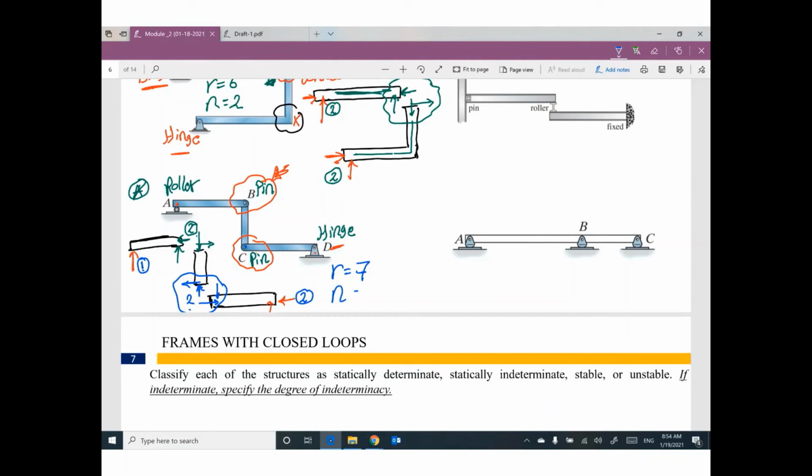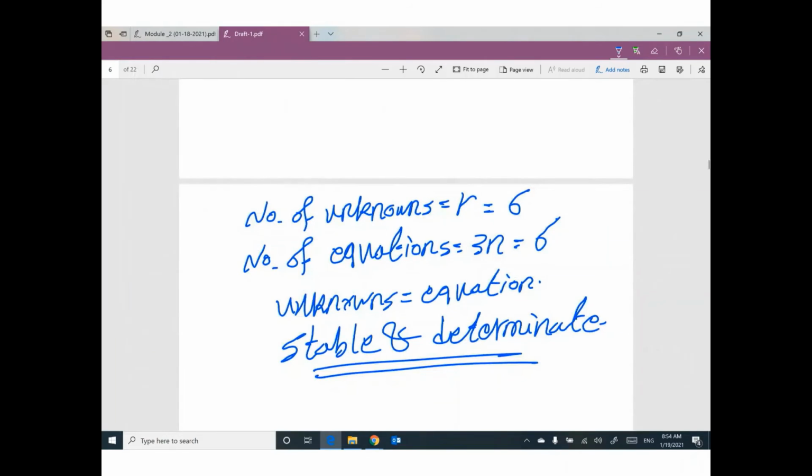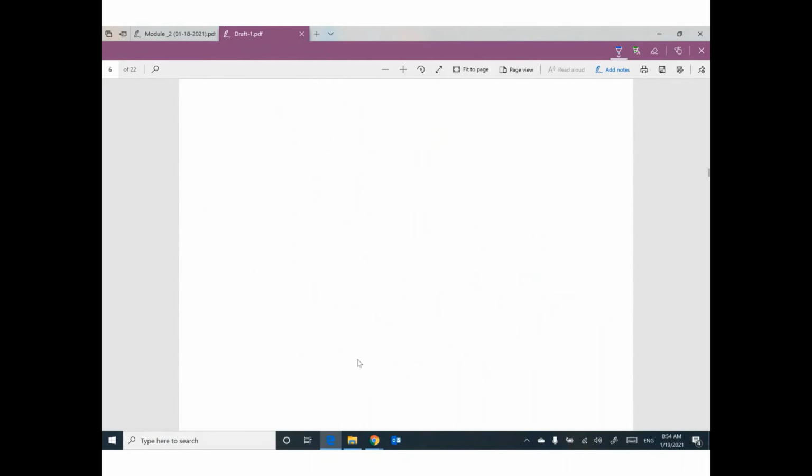How many parts after separation? We have 3 parts. This part, this part, and this part. If you do the calculations, number of unknowns, which is R equals 7.